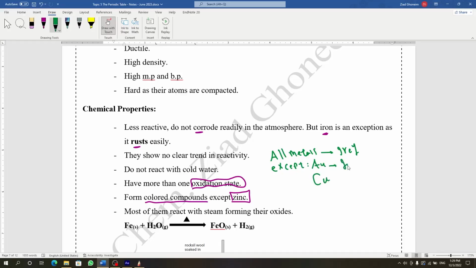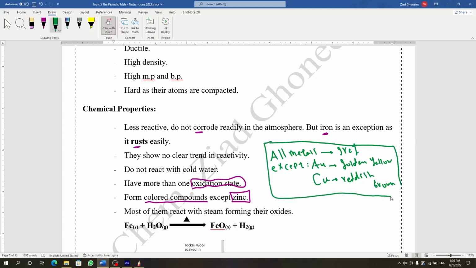Gold is golden yellow, as we all know, and copper is reddish brown, right? So all metals, and I'm talking about the metal itself, not its compounds, all metals are gray, except for copper and gold, right? That of course applies to the alkali metals and to the transition metals.